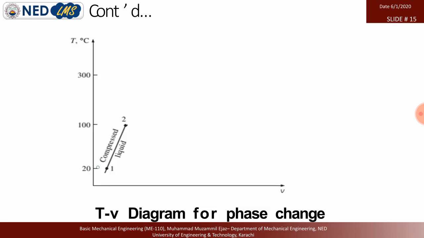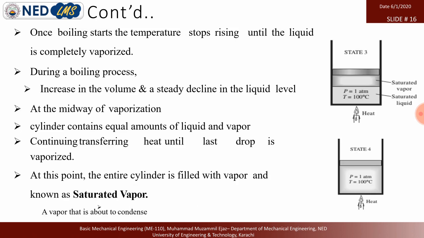So when we plot this graph, the point is moving like this: the temperature is increasing and the volume is increasing as well. After reaching this point, what will happen? Once boiling starts, temperature stops rising until the liquid is completely vaporized.